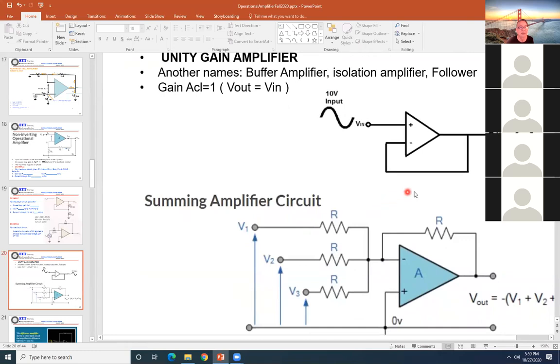Mr. Fan, isn't that connection from V out to negative mainly just to keep the amplifier stable at the input voltage? Whatever goes in, that connection keeps the amplifier stable at whatever voltage goes in because of negative feedback. Yeah, negative feedback doesn't matter. They're just telling you whatever comes in, comes out.